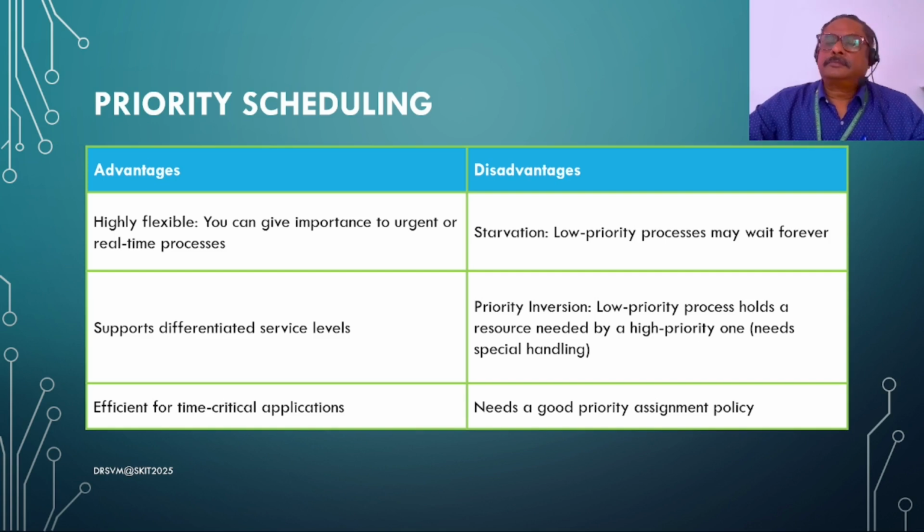And unfortunately, if that high priority process wanted a resource that was already locked by the previously running low priority process, then the high priority process keeps waiting for the resource to be released, and to make the resource release, we need to run that low priority process, which is impossible because high priority process is given chance now.